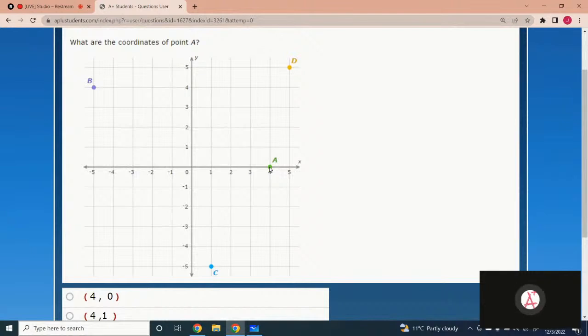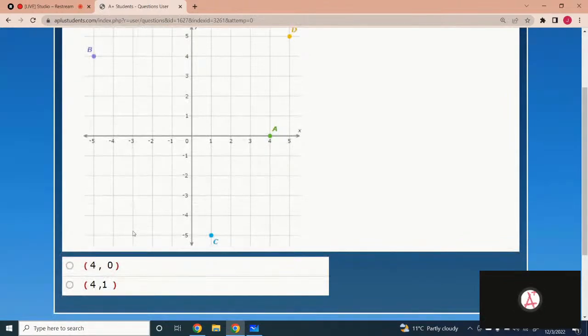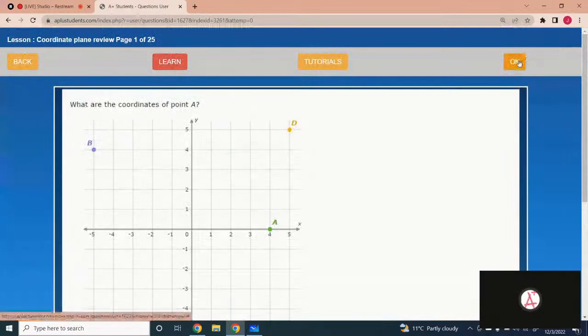And if you have a point on the x-axis, that means on the x-axis all y values are 0. Got it? So that means the point is 4 and 0. You can see A is at the 4, and on this line all the y values are 0, so it would be the first option, 4 and 0. Got it? So just select the correct option, then click on the OK button.